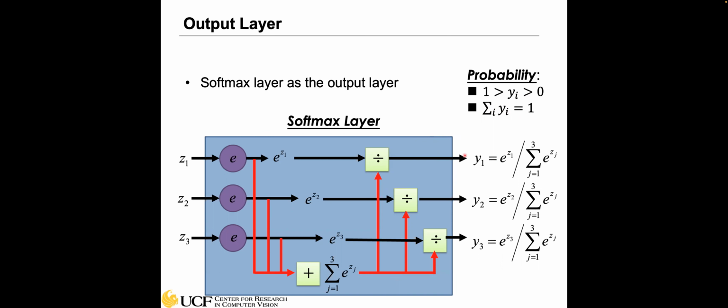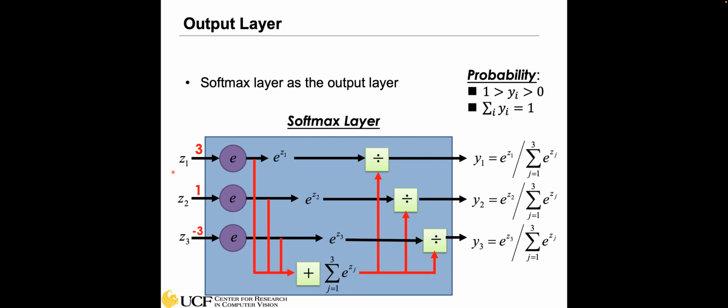If we were doing 10-way classification, each of these outputs would be much easier to interpret. I just pick the one with the highest value, which means it has the highest probability that your input belongs to this particular category. So that's the softmax layer.